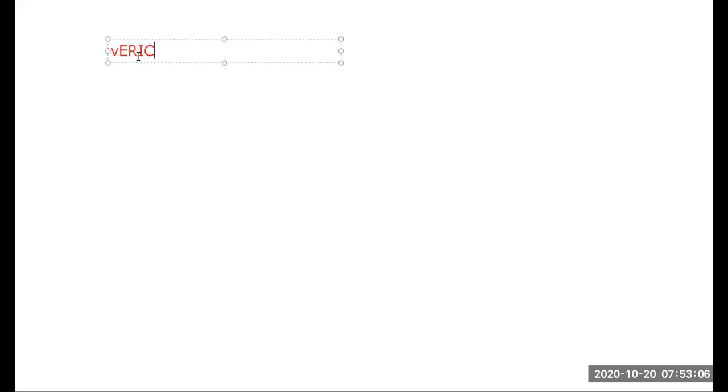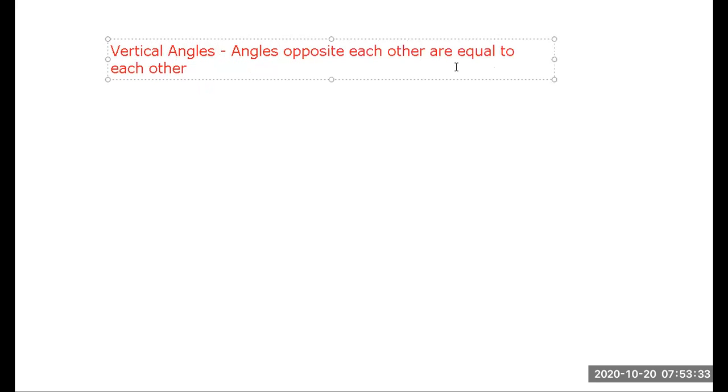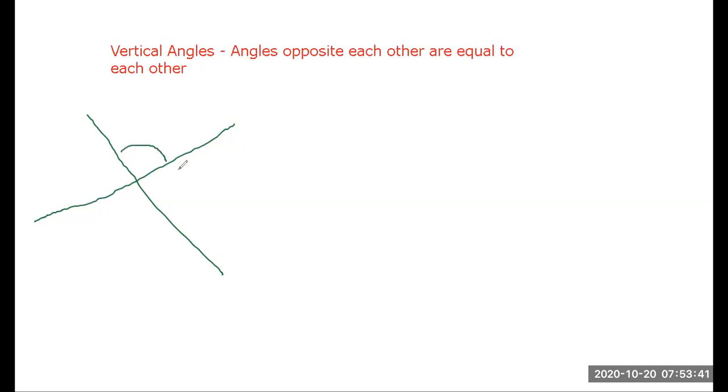Let's first look at vertical angles because we've been looking at it before. So this will be like a little review. Vertical angles talk about angles opposite each other being equal to each other. For example, this angle right here would be equal to this angle right here.